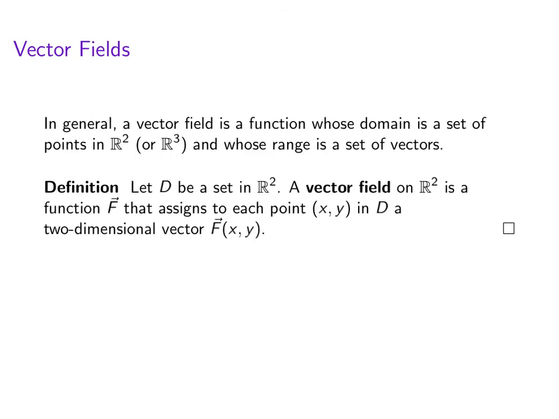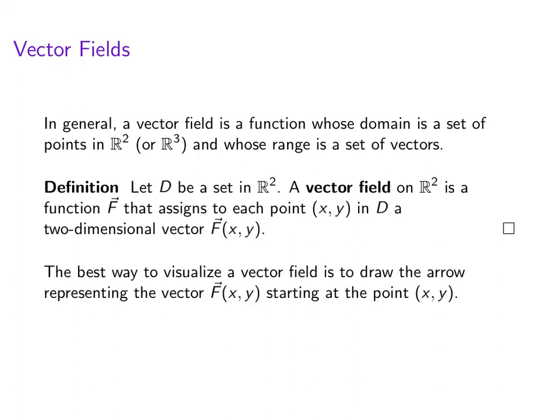Let's make a definition to say that if we have a set D in R2, that a vector field on R2 is a function that assigns to each point xy in D a two-dimensional vector, and we'll call that f of xy. Notice that I'm putting a vector symbol over the f. Probably the best way to visualize a vector field is to draw the arrow representing the vector f of xy starting at the point xy.